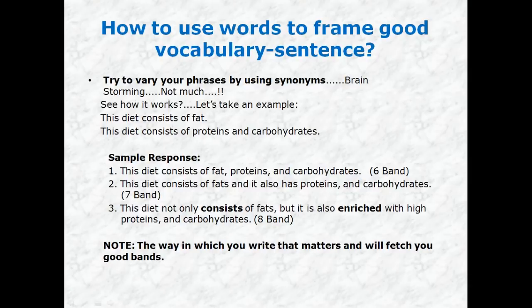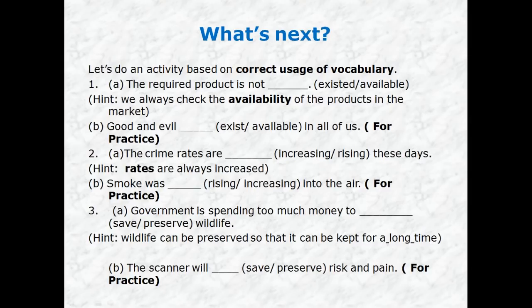See, always the way in which you write matters, and that is the only way which will give you a good band score. About the availability of the product, the required product is not available is the suitable phrase here, not the existed one.